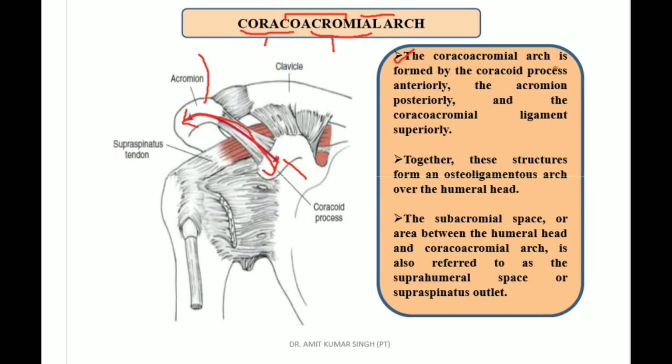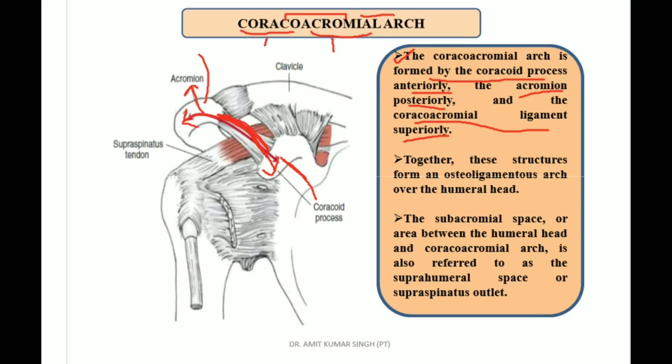The coracoacromial arch is formed by the coracoid process anteriorly, the acromion process posteriorly, and one important ligament, the coracoacromial ligament, superiorly. So the anterior structure is the coracoid process, the posterior structure is the acromion, and the superior structure is the coracoacromial ligament, from coracoid to acromion.